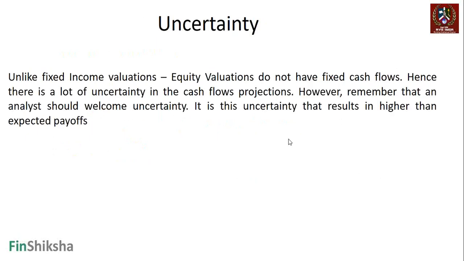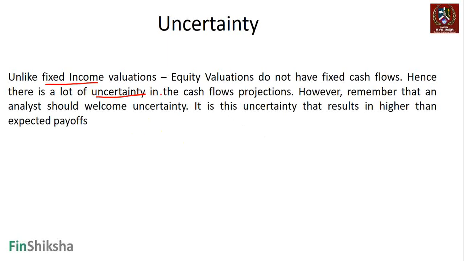Unlike fixed income valuations, where we knew that there is a fixed cash flow and hence a fixed income proportion, equity valuations don't have fixed cash flows, and hence there is a lot of uncertainty in the cash flow projections, right?